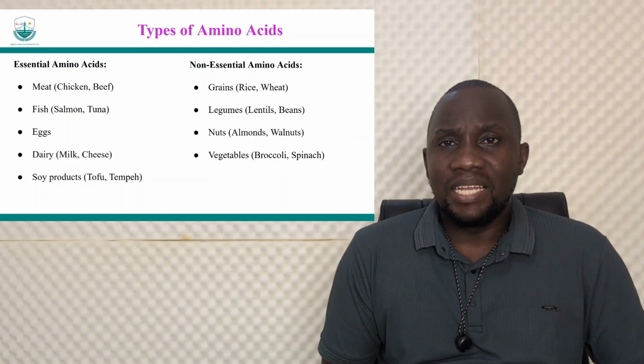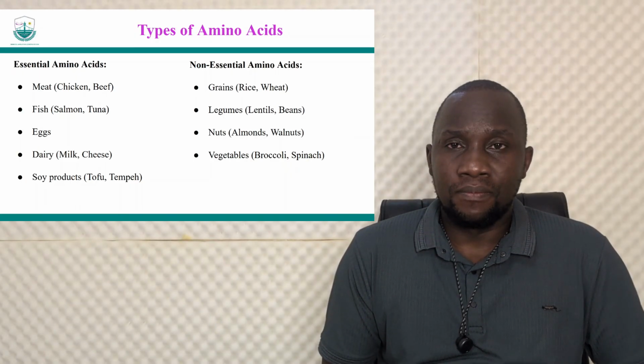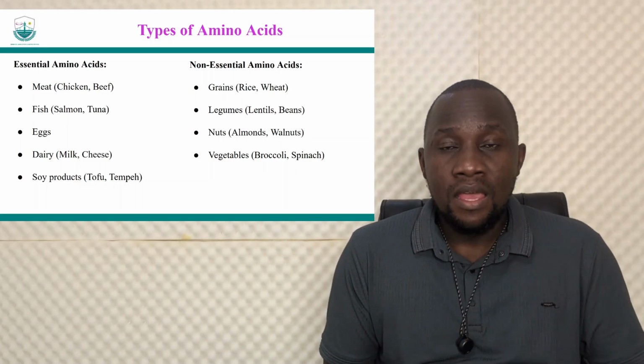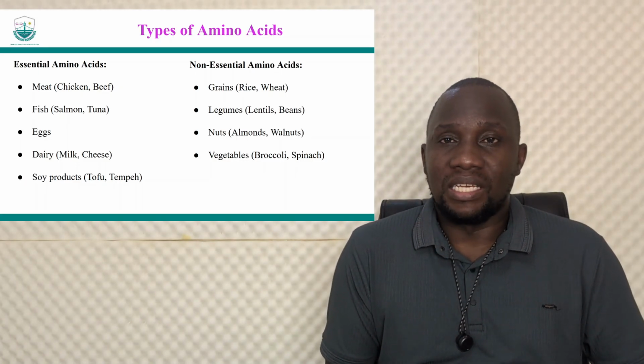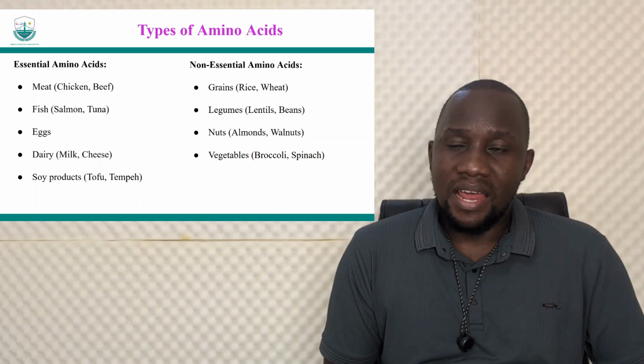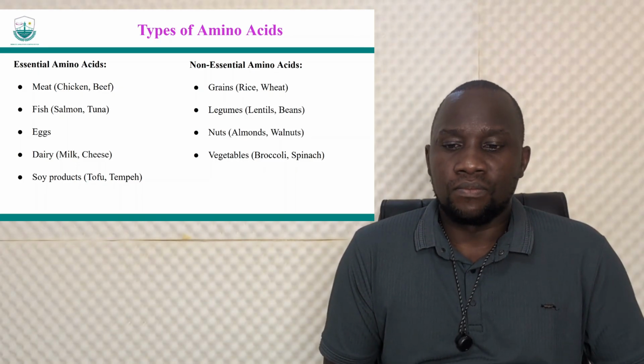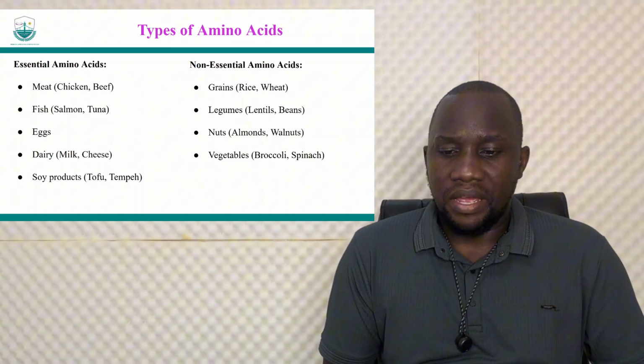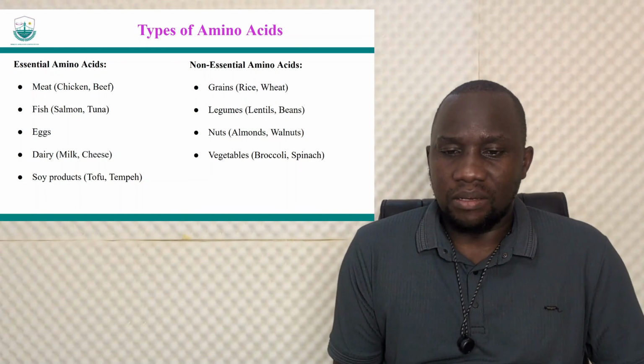But again, the body can synthesize amino acids, and we term them as non-essential amino acids. And these can be synthesized from different sources: grains, legumes, nuts, and vegetables.